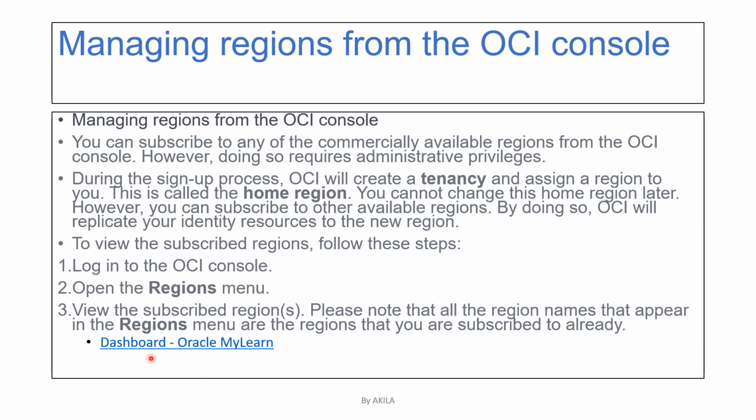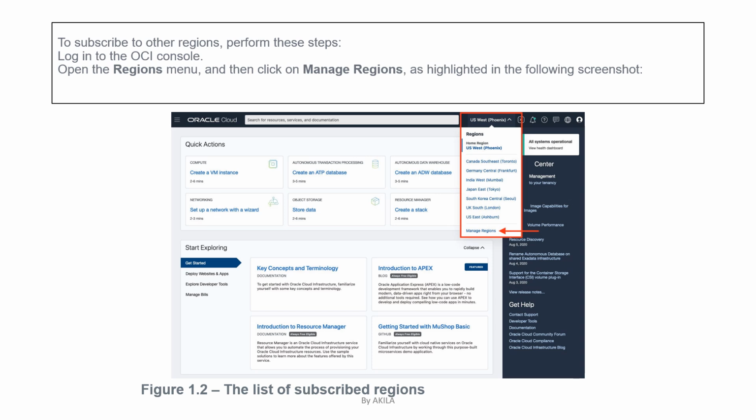Since I'm in India, Mumbai is the region that is available in my dashboard. So this way we can check. These are the ways I can manage the regions in the OCA console, and this is the way the subscribed regions are shown.